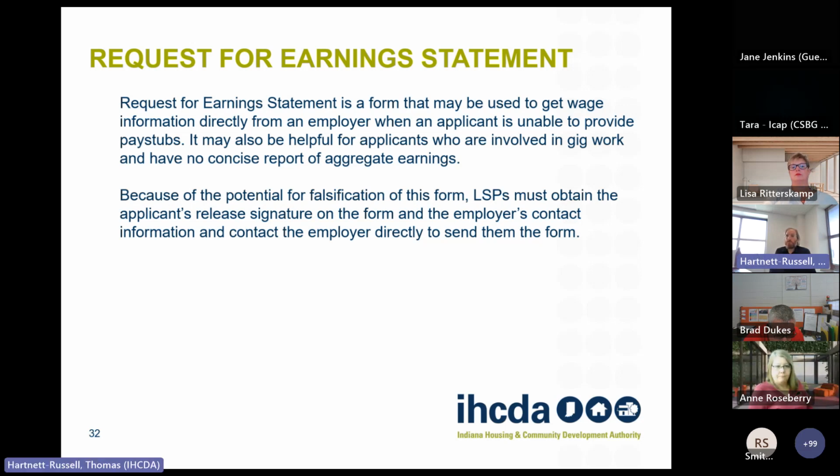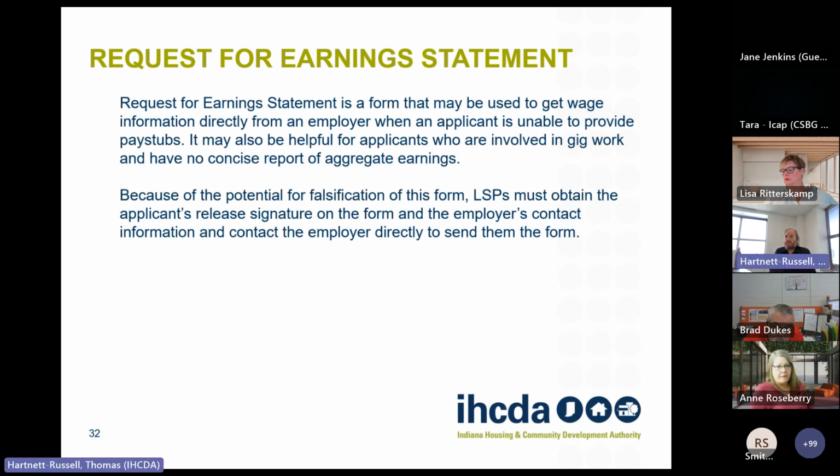I have to, in the name of program integrity and ensuring that we can be reasonably certain that we're actually getting the information from the employer, advise against that, just because we want to be sure that we are getting information from a representative of the employer.